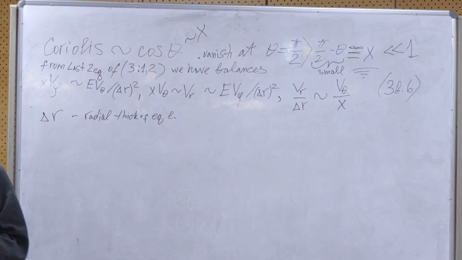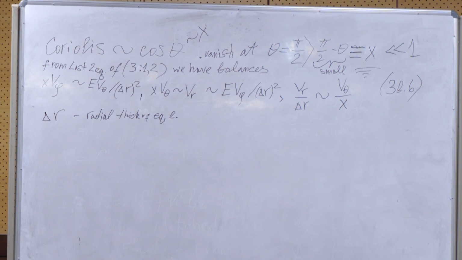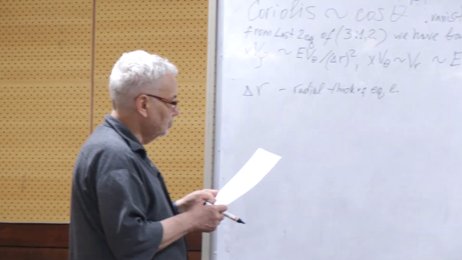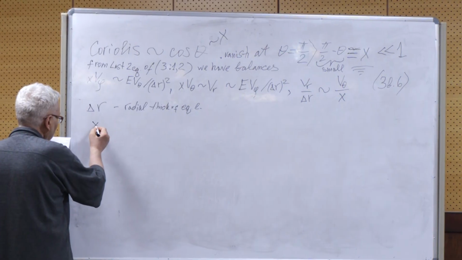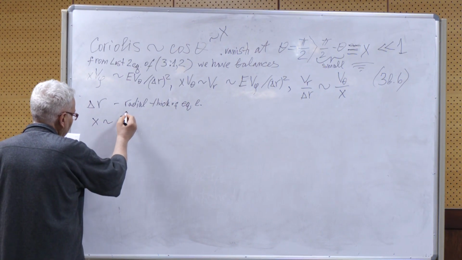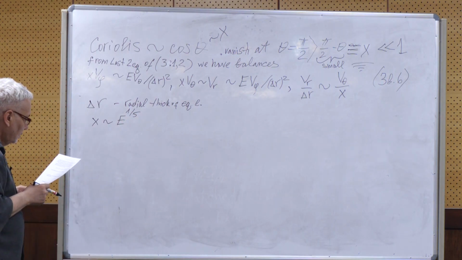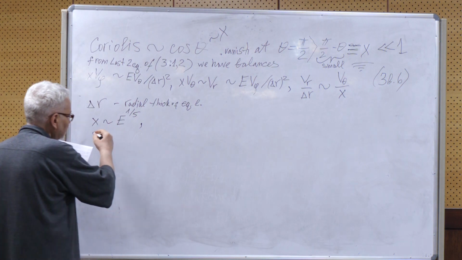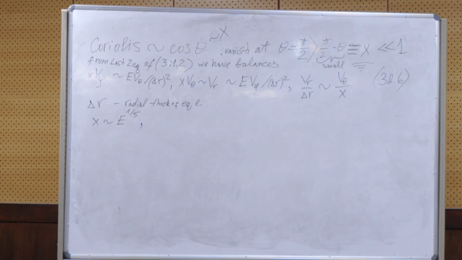And then we again play the same game. We simply identify transformation from 3.6, and we obtain this estimation, when taking into account all the balances, that x is proportional to Ekman number to the power 1/5. This x actually measures this distance, the length of all this equatorial shear boundary layer.